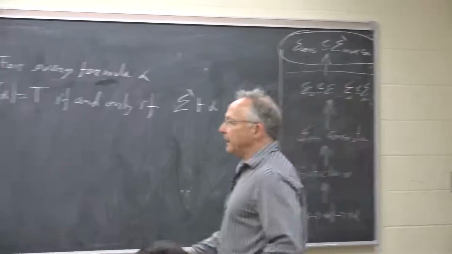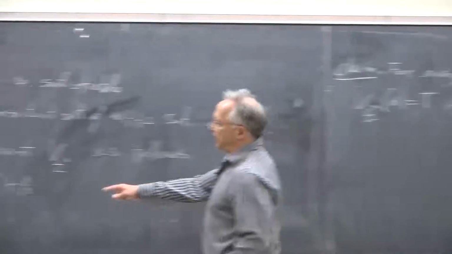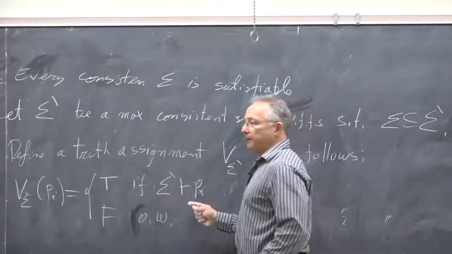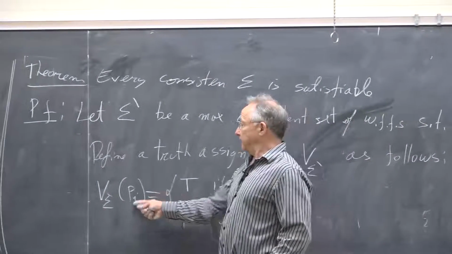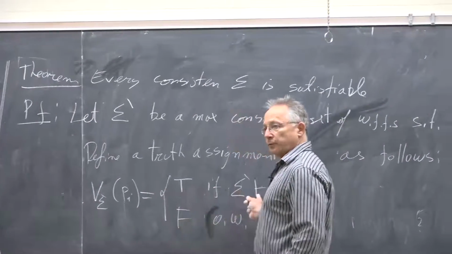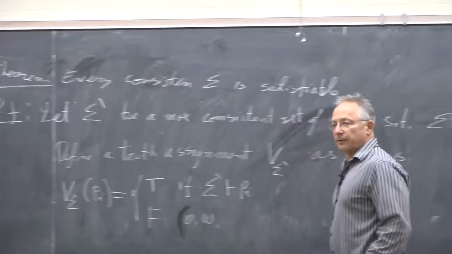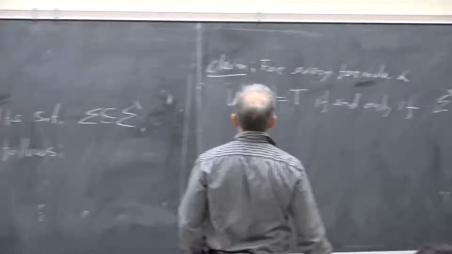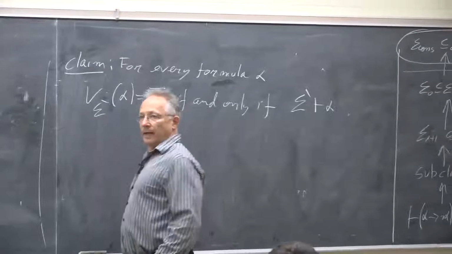So what I started with was doing it for propositional variables. For propositional variables, I defined it as true if and only if I can prove it. But now I claim that this is going to happen for every alpha.